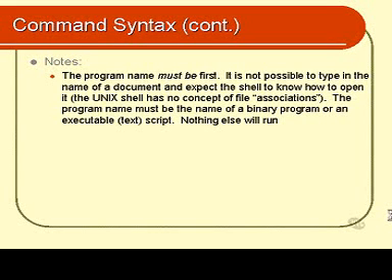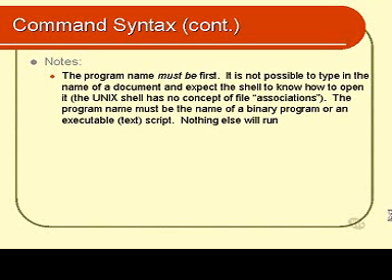In particular, it is not simply possible to type in the name of a document that you're trying to open. You can't just type in accounts.doc. The shell would not know what to do with that. Incidentally, if you're familiar with Windows systems, Windows has a notion of a file association. Unix does not. If you don't know what that means, don't worry.